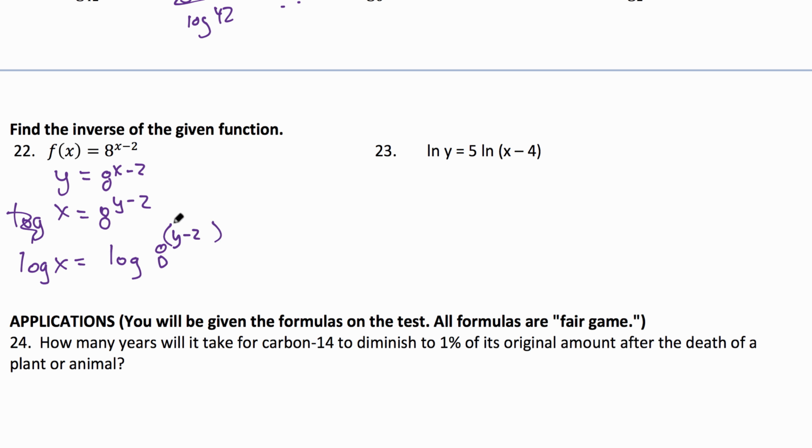But that exponent can come down front, right? So we get the log of x equals y minus 2 times the log of 8. So now what? Divide both sides by the log of 8 and then add 2. That should help you solve that one there.